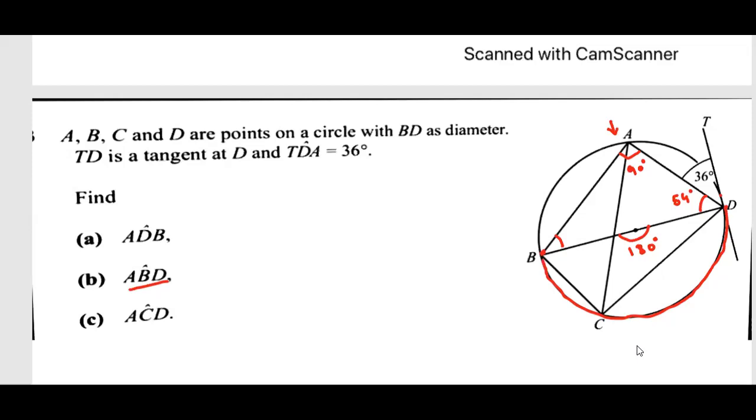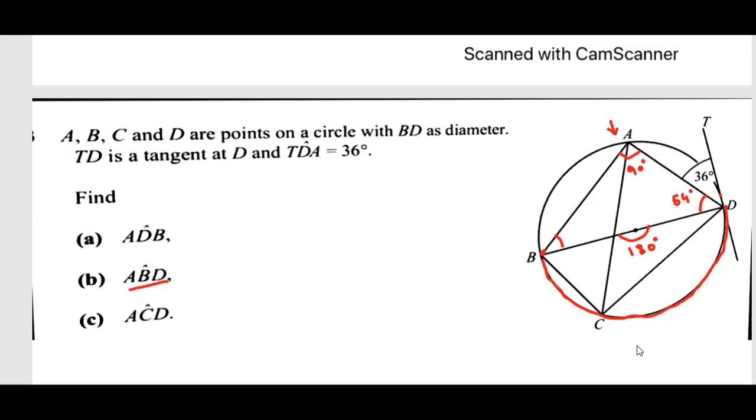I discussed this property, I guess, yesterday or the day before yesterday. And if you don't want to think about it this way, you can think that the angle at center is 2 times the angle at circumference, right? Or the angle at circumference is half the angle at center, whatever way you want to think about it.